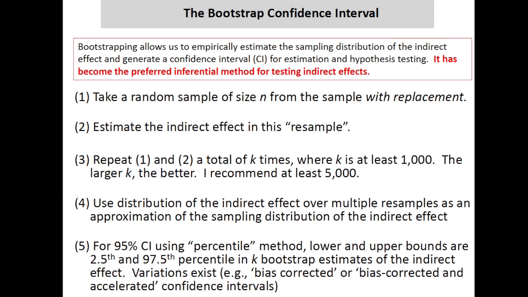This is a good situation in which bootstrapping is great, because bootstrapping is what we call a resampling method, which allows us to make inferences based on what we could call an empirical approximation of the unknown sampling distribution. And I say empirical because we're going to actually generate a representation of this sampling distribution through repeated sampling of the data.